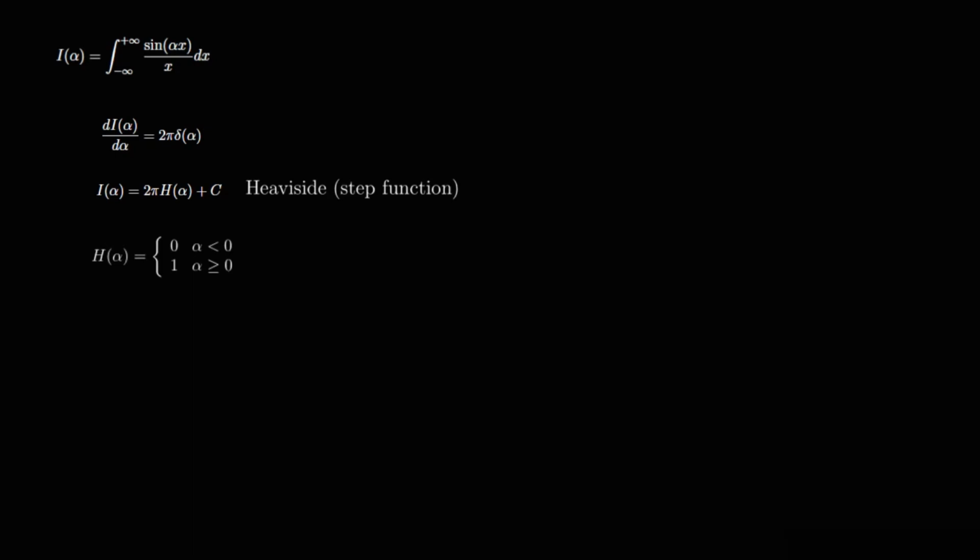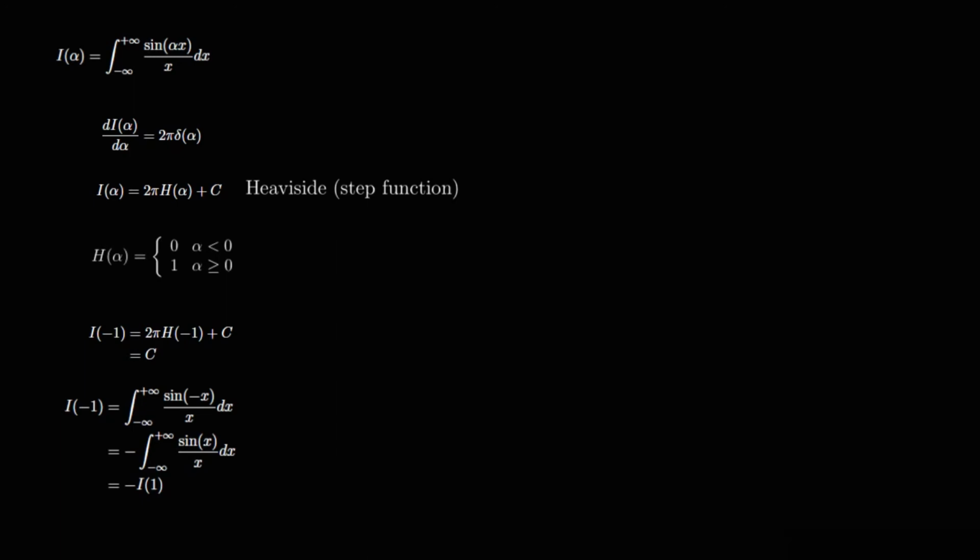In order to determine the constant c, we evaluate I of alpha at alpha equals minus 1. We have that I of minus 1 is 2 pi H of minus 1 plus c. Since H of minus 1 is 0, we get that c is I of minus 1.